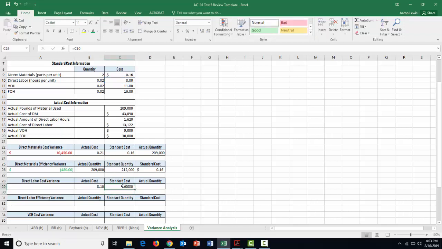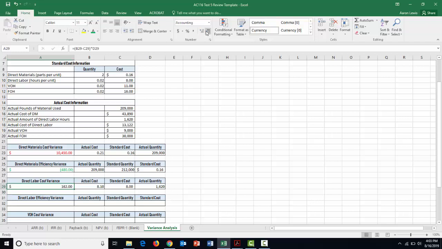And the actual, I don't know why I have so many decimals over here. There we go. And the actual quantity that we used of direct labor was 1,620 hours. So if we go over here to our direct labor cost variance, set the formula up the same way we have, actual minus standard in parentheses times our actual quantity, we get 162.